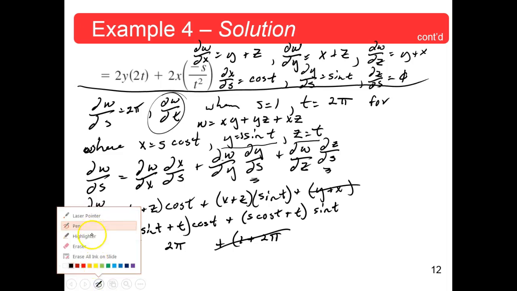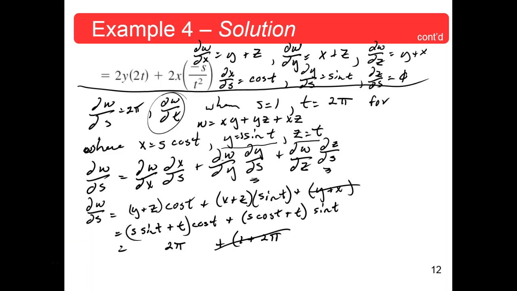That way I won't have to write as much again. So this time the partial of W with respect to T will be the partial of W with respect to X times the partial of X with respect to T. You see, a lot of it stays the same.